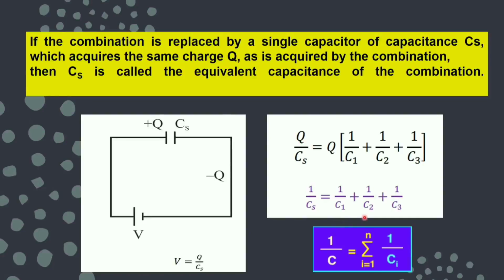If I have n such capacitors kept in series, the general result is 1 upon CS equals the summation of 1 upon Ci, where i varies from 1 to n. This is the general formula for series capacitance.